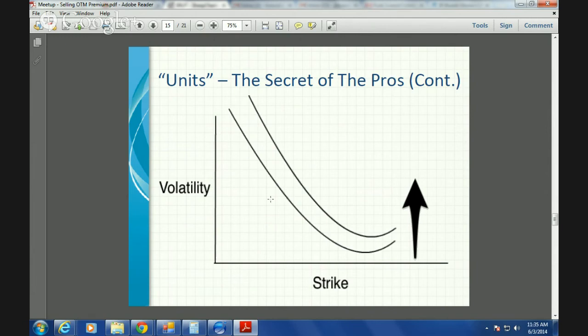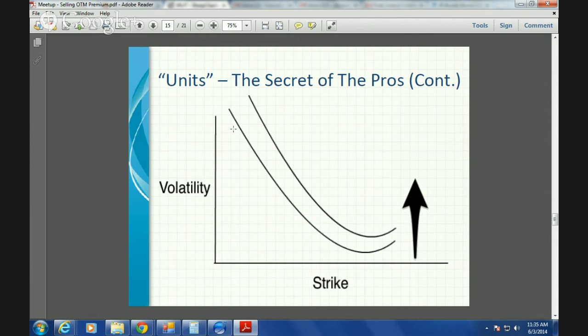This is the typical volatility smile, they call it, where your puts are going to have a much higher volatility than your calls. This is your far out of the money puts way over here, and we move closer to the money, and once we get to the money, we have our calls here. So this is the typical volatility smile that you'll see for most stocks and most indexes.